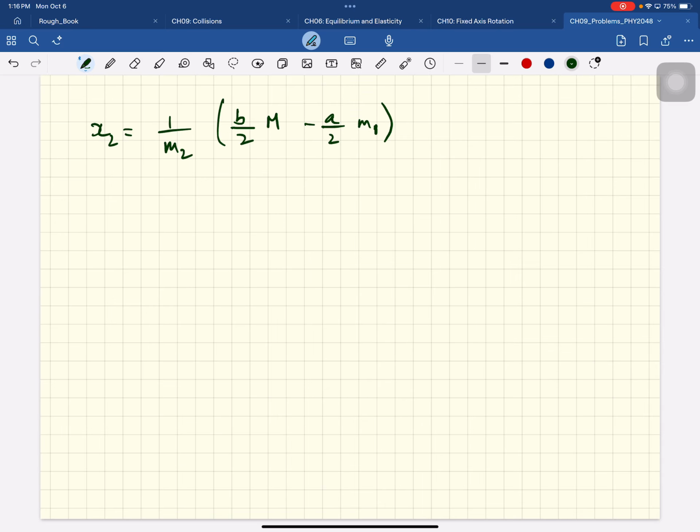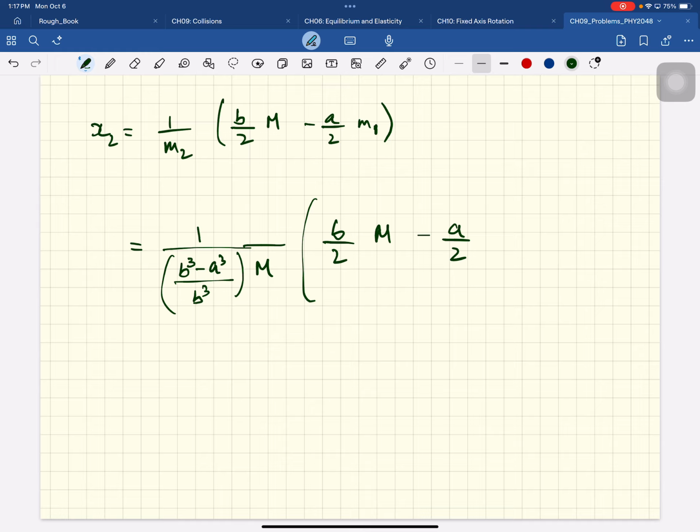Now let's substitute this. M2 is (B cubed minus A cubed) over B cubed times M, and the numerator is B by 2 times M minus A by 2 times A cubed by B cubed times M. That's a good thing, the center of mass should just depend on these dimensions.